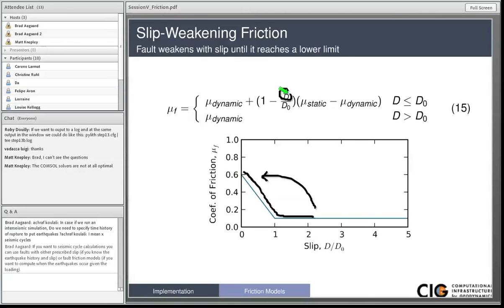They probably don't have rate and state friction. And how well do they resolve the rate and state friction deformation and all the things that we've done to make our solvers robust with rate and state? I highly doubt that they would include that. So that's coming back to this solver issue and having things tuned for the type of problems.